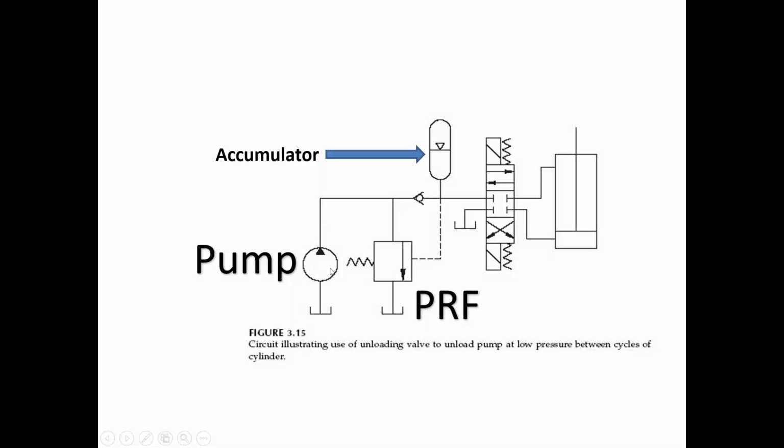After the pump, the accumulator is connected, which contains high pressure oil. When the pump provides more high pressure than required, this high pressure oil is stored inside the accumulator, and when the pump is not producing sufficient pressure of oil, the accumulator comes to help the pump by releasing the high pressure oil contained in it.